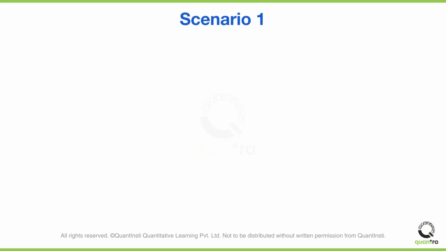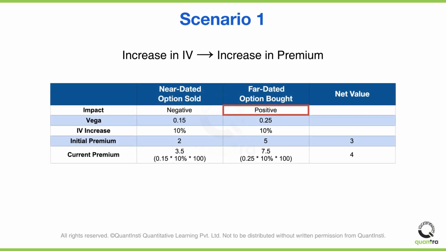In the first scenario, when there's an increase in IV, the premium also increases. The impact here is positive because we bought this option, and it is negative here because we sold this option. But since Vega is greater for the farther-dated one, the increase in premium will be higher.